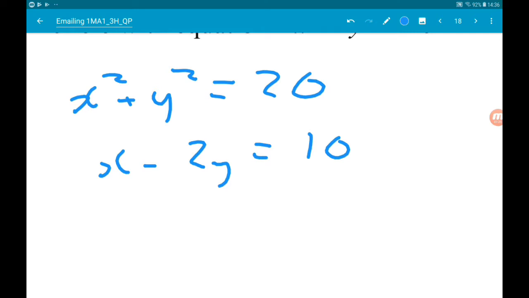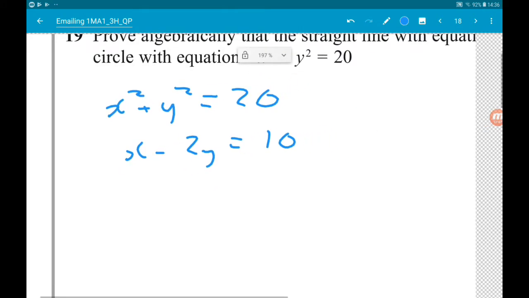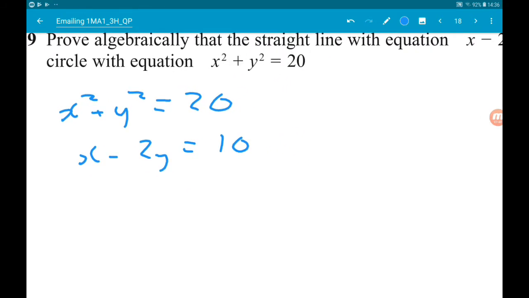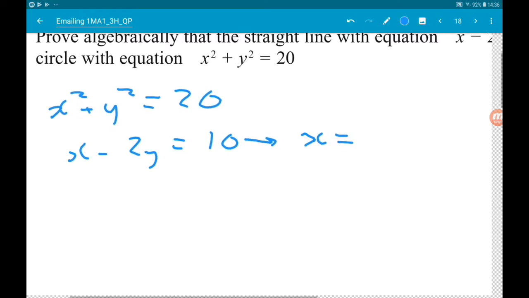If you're rusty on this, check out my simultaneous equations playlist down below. Using the linear equation, x minus 2y equals 10, we want to get one letter on its own. So what we can do is add 2y to both sides. So then we get x is equal to 2y add 10.